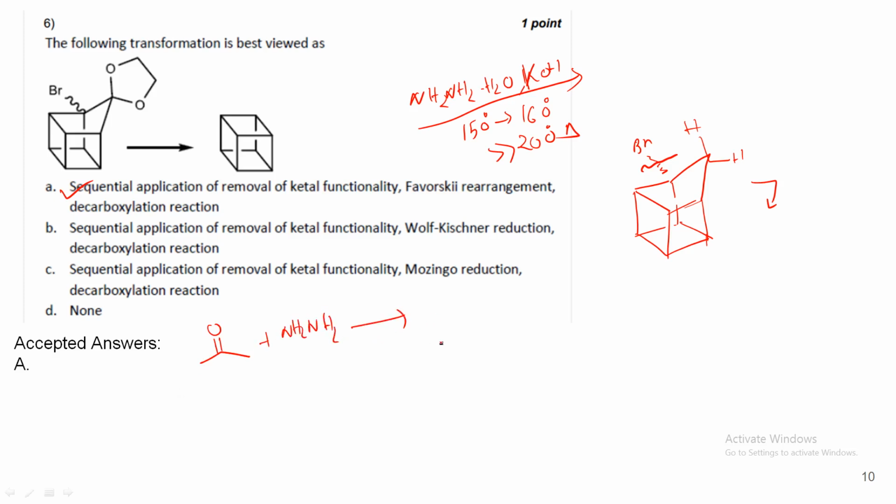So hydrazine hydrate at first does the hydrazone formation, then in presence of base it would make this kind of thing. So first this will be formed, so this negative charge will be taken by water, so protonation will occur over here.